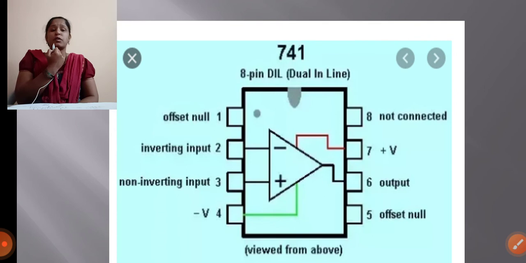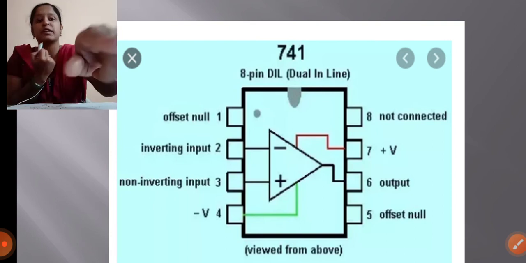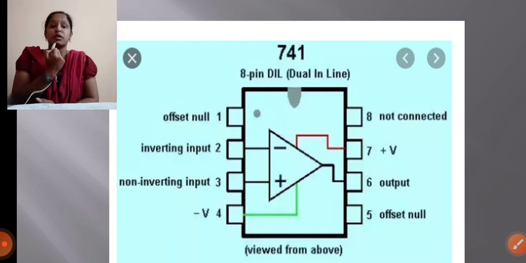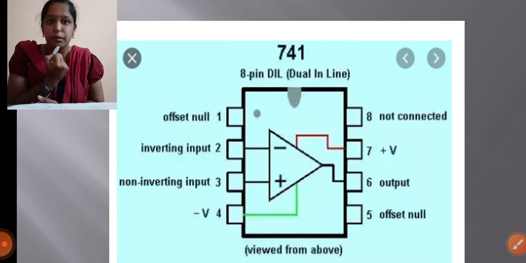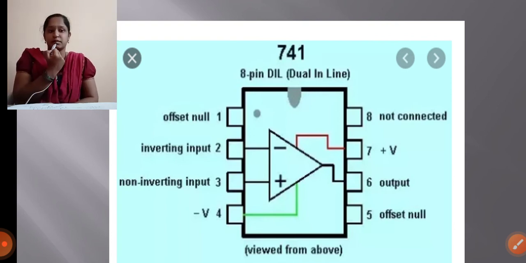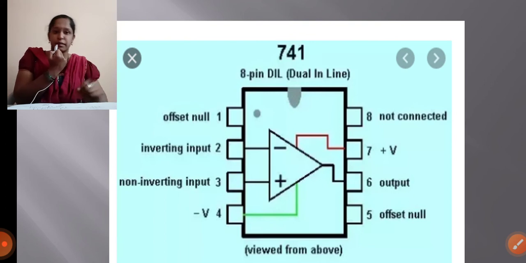If the output is low, the negative voltage will appear at the output. How it depends? It depends on the inverting input or non-inverting input. Pin 8 is like not connected, like a dummy. There are no other connections in the 741 IC.